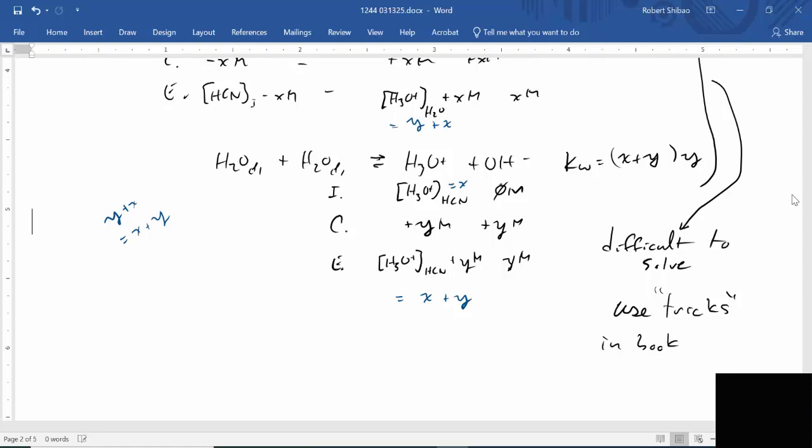Use the tricks in the book, like the simplifying assumption, this kind of stuff, et cetera. Then you may be able to solve it.